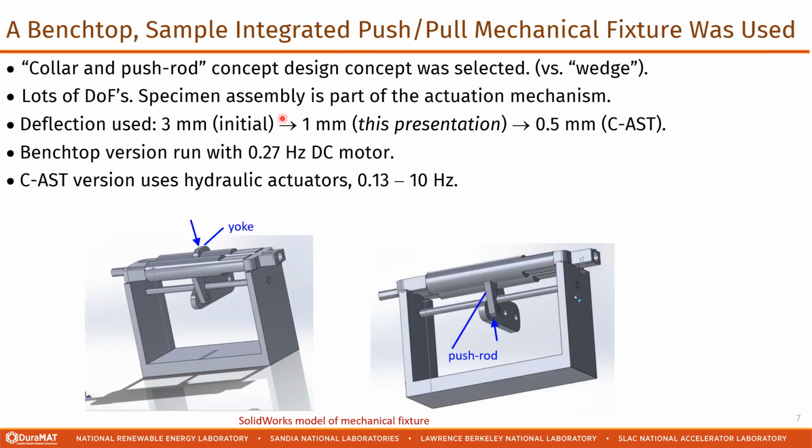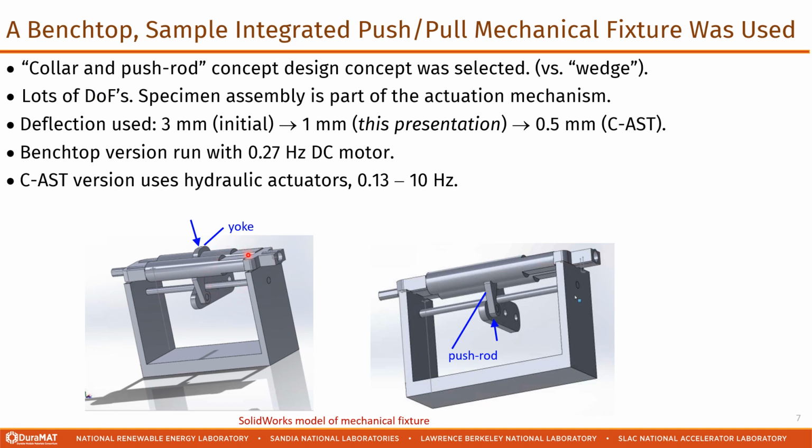So the fixture concept that we use is like a push-pull actuation. And we picked this relative to, like, driving a wedge between the branch connectors. In the installation, these samples have an extent of cable that leads up to them, and so there's quite a bit of degrees of freedom in terms of deflection, maybe rotation too.